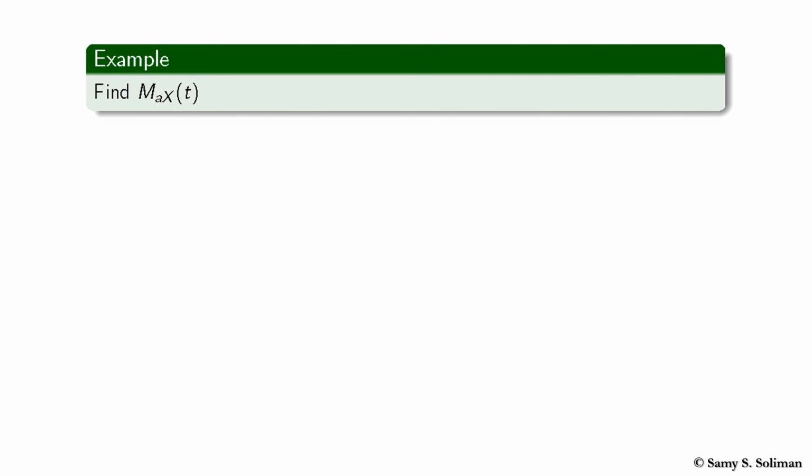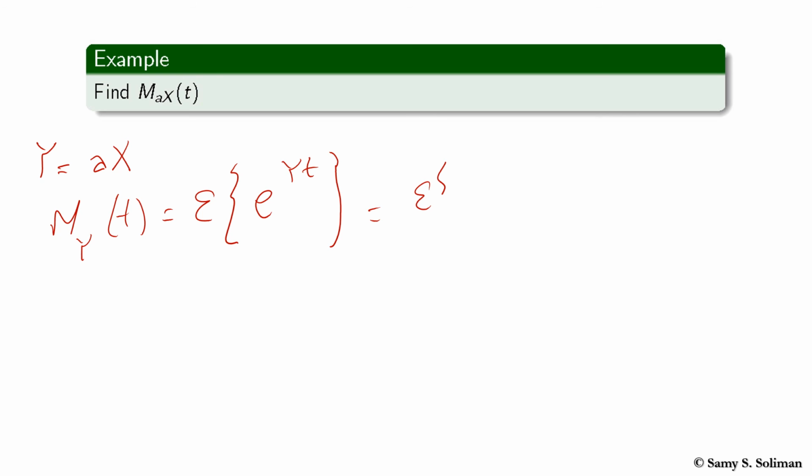Another case is when we have a random variable y defined as a scalar multiplied by random variable x. In this case, we can find that the moment generating function of y, as defined by the expected value of e power yt, is equal to the expected value of e power axt.